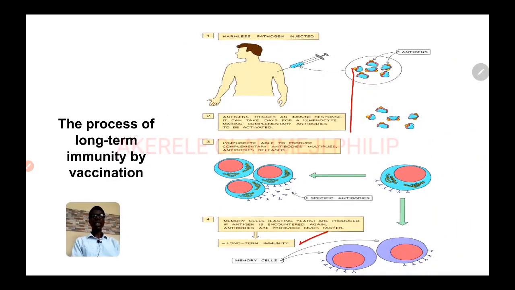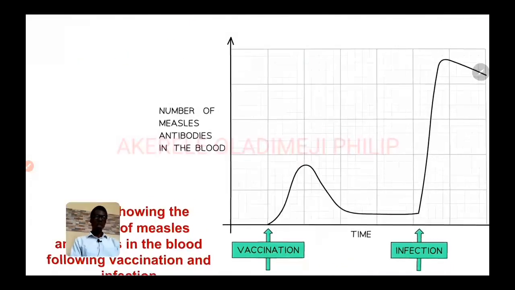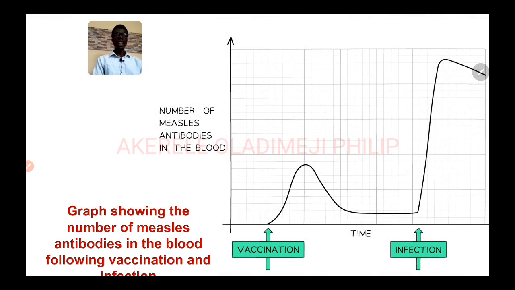So you can see the process of long-term immunity by vaccination. Of course, this is just a graph showing us how the body responds to a vaccine, so to say. It's a graph showing the number of measles antibodies in the blood following vaccination and infection. See what happens here. So this is what happens normally. This is the antibodies in the body like that.